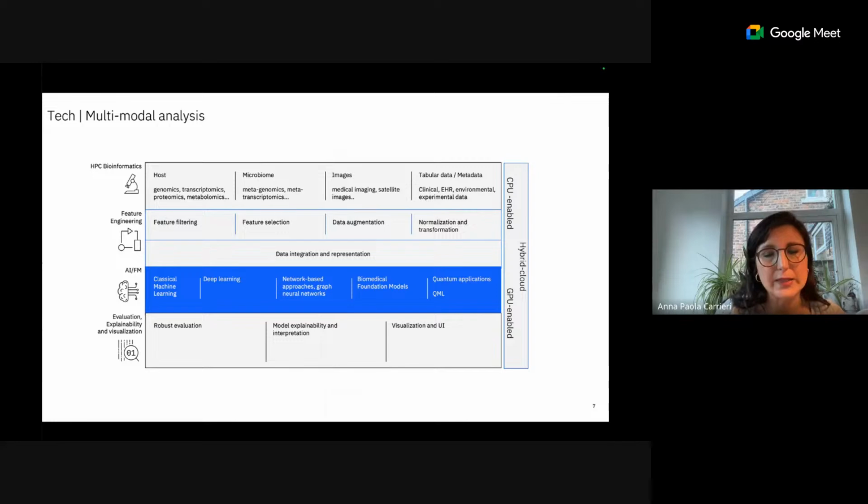So I will focus this presentation on that. We also started exploring quantum applications for omics data with a few clients and a few projects. And the other focus that we have is not only applying these AI machine learning models, but also providing explainability, interpretation of the results, obviously evaluation and so on. But I will give you a concrete example.